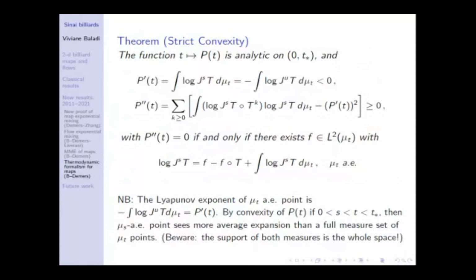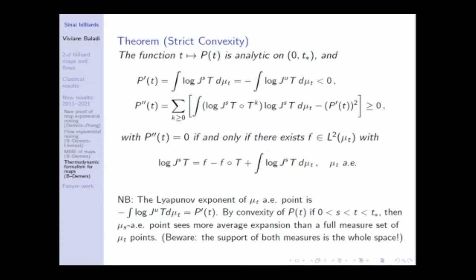And now to finish, let me just show you some additional information, which comes out of the spectral picture, the spectral gap. Well, this pressure has all the features that you could dream about, meaning that it's analytic, and it has expected formulas for the first and second derivatives.